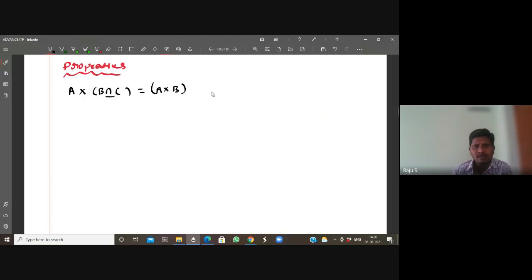What is the symbol here? Intersection. Don't take union. Intersection becomes intersection. In the same way, A cross (B union C) should be equal to (A cross B) union (A cross C). Let us check now.